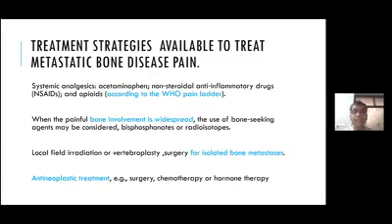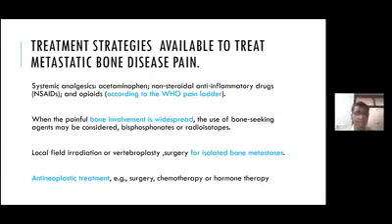So what are the treatment strategies available to treat metastatic bone disease pain? As you all know, we start with the WHO pain ladder. We start with systemic analgesics using non-opioids, then weaker opioids, then stronger opioids. So we can use them in a ladder pattern.